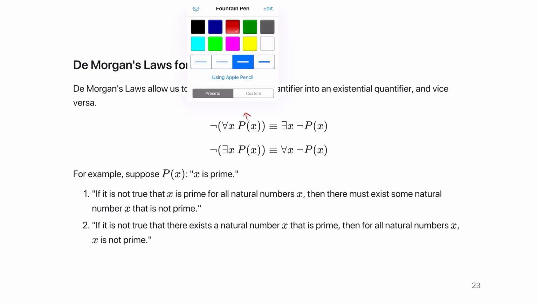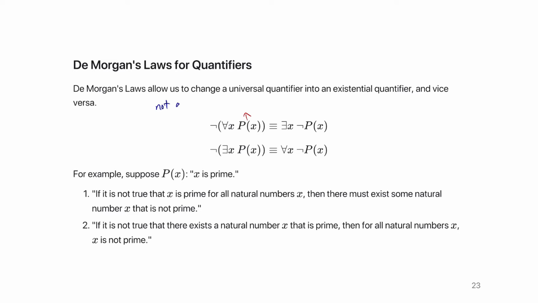So, not all students are sophomores. And this says there exists a student. So if not all of our students are sophomores, then there exists at least one person that's not a sophomore. Right? Because if there didn't exist one person that's not a sophomore, then everyone would be sophomores. Right?